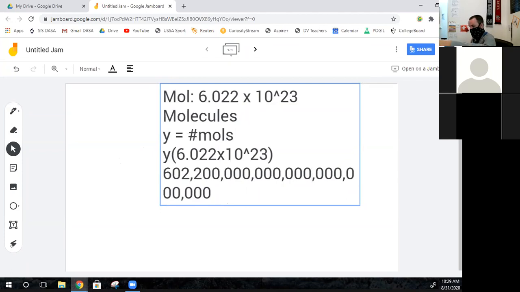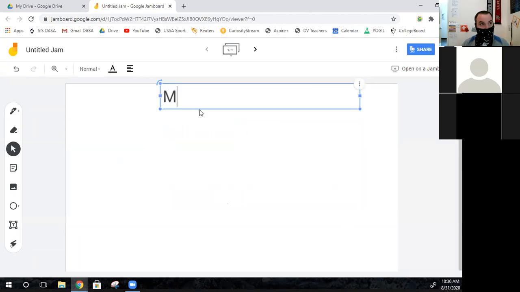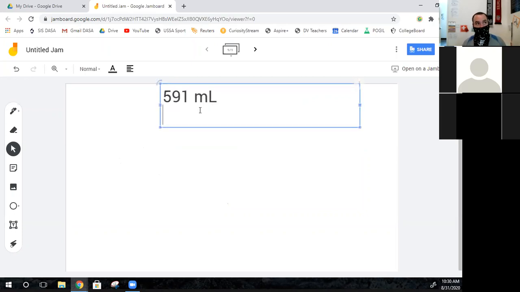So this is 591 milliliters, okay? So the question was, if we fill up this water bottle, how many molecules of water would there be? So let's figure it out. 591 milliliters. And we'll talk about milli and all the prefixes in just a second.